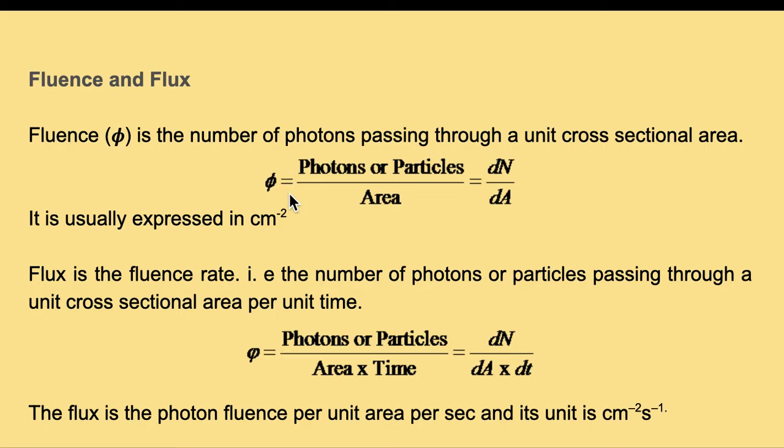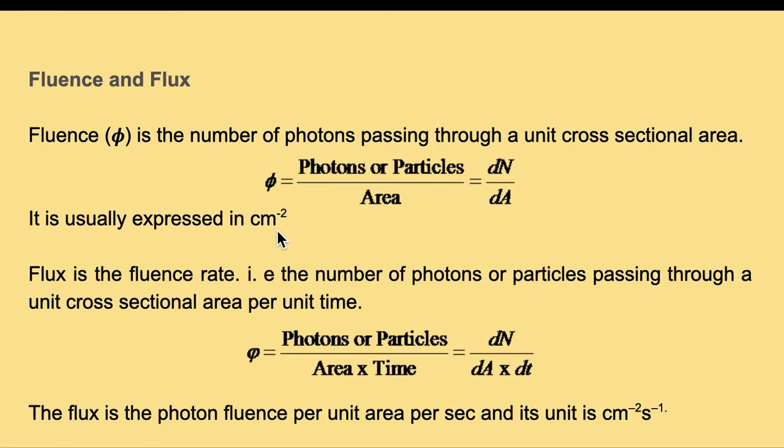And you are writing that phi as photons or particles by area. If dn is the number of particles passing through an area dA, this phi can be written as dn by dA. And since the number has no unit, it is usually expressed in centimeter raised to minus 2 or meter raised to minus 2.